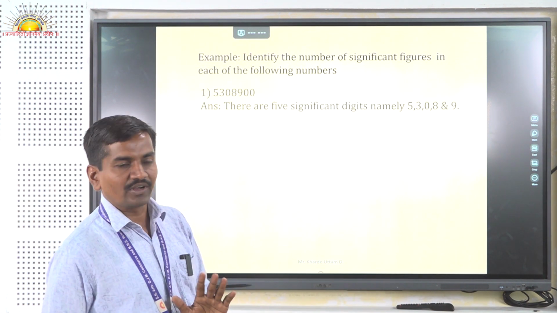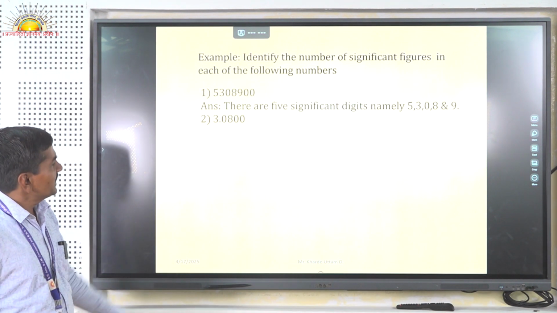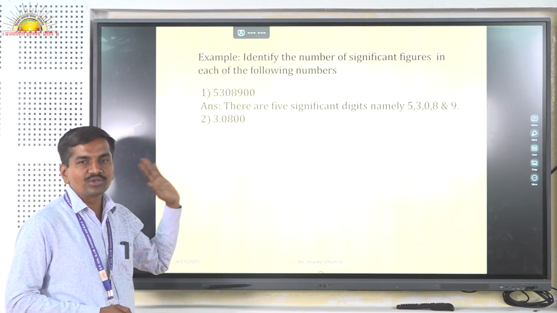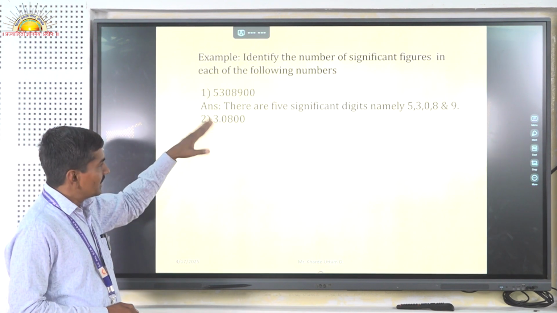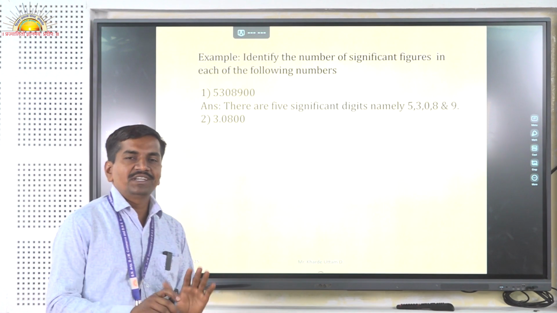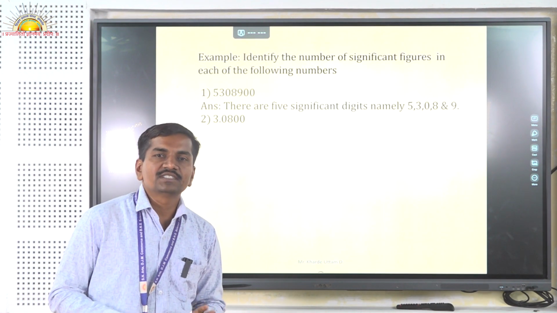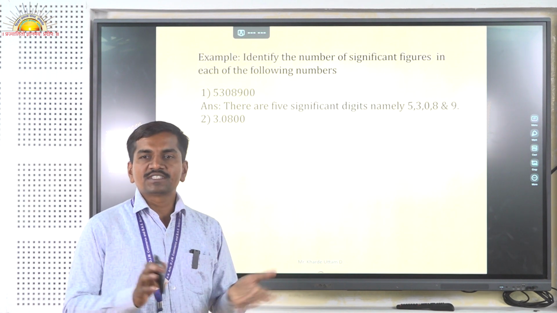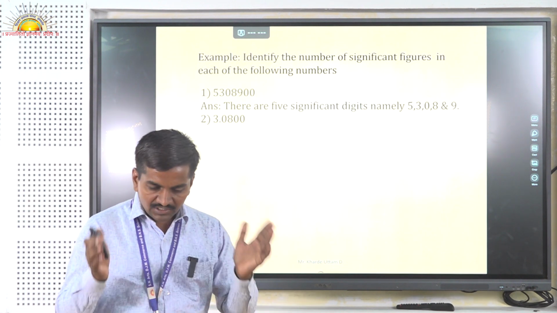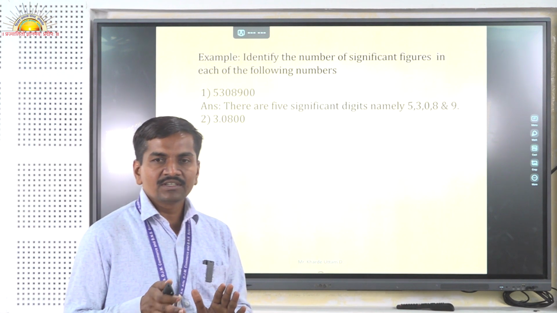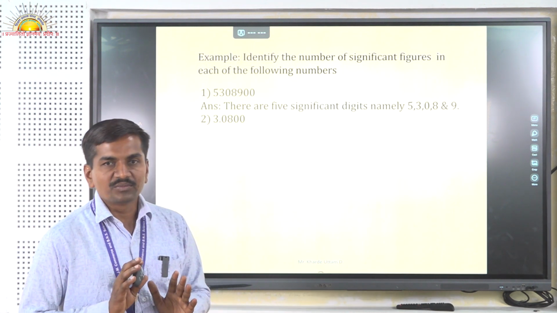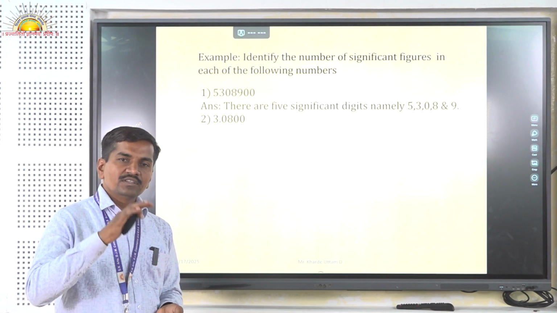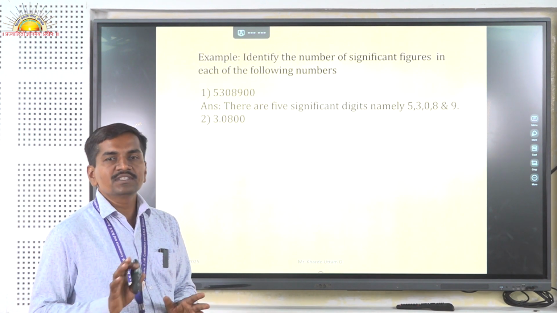Is that clear? Okay. Now let us see another number, 3.0800. Again recall the rules: any non-zero digit is always significant, every zero between 2 significant digits is significant, and trailing zeros in the decimal portion are always significant.